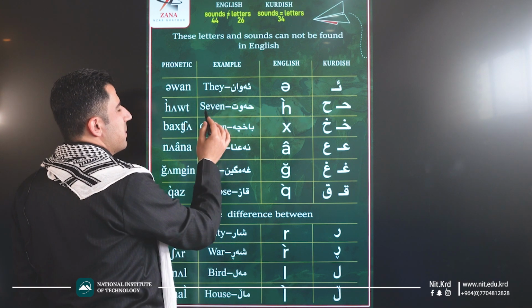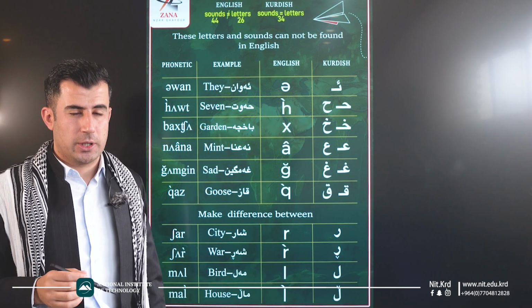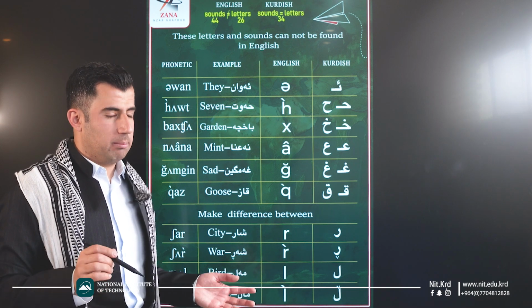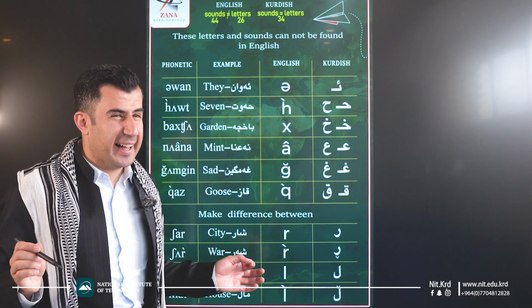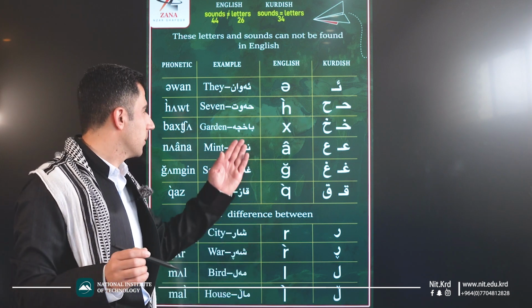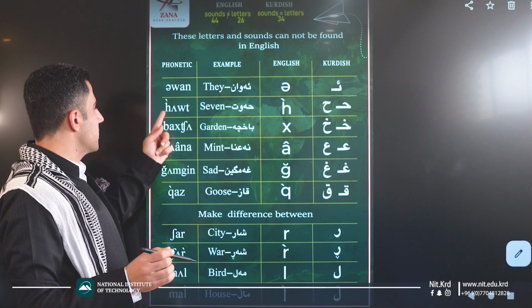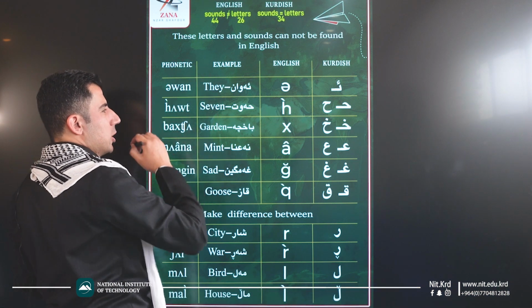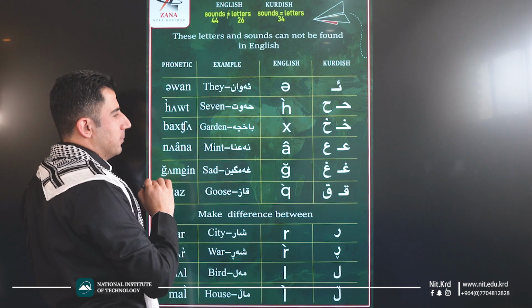Good. For example, number 7 in English. In Kurdish we say hout, but it's not a hout, it's hout. Okay? Have a look at it. This is the phonetic transcription of the Kurdish word.